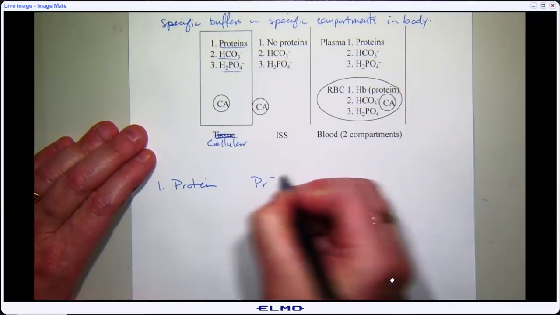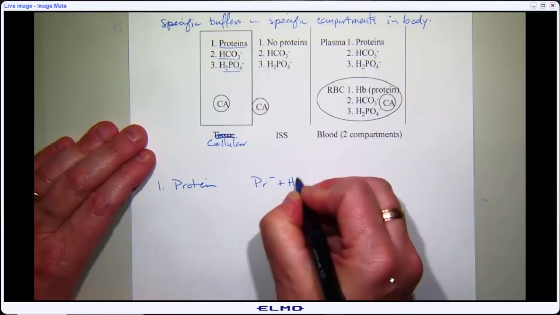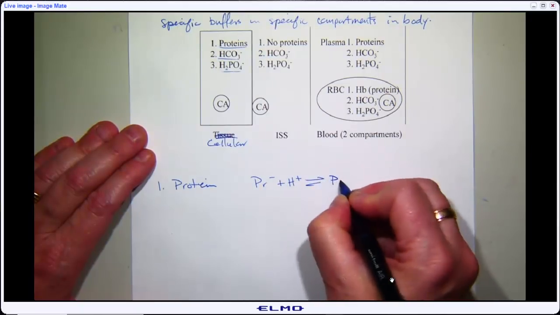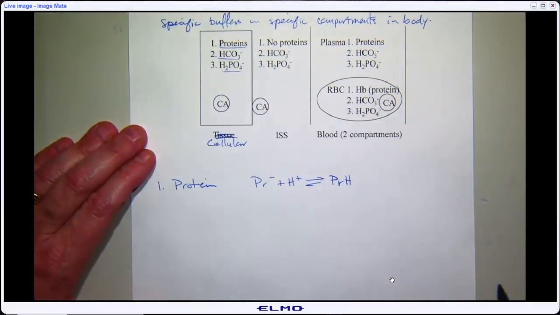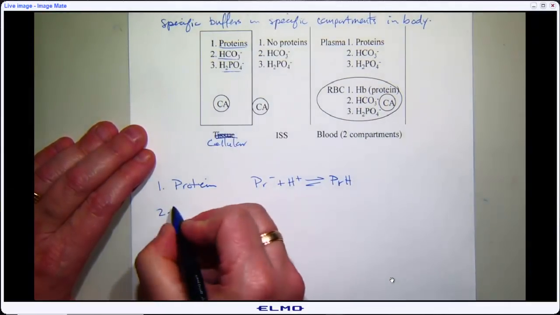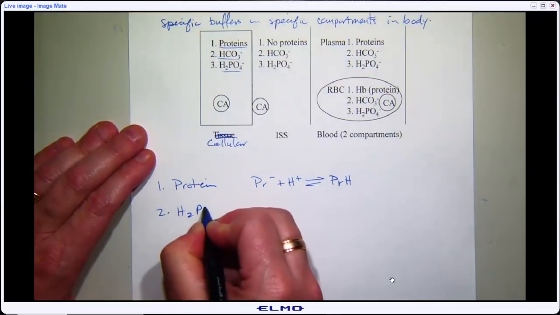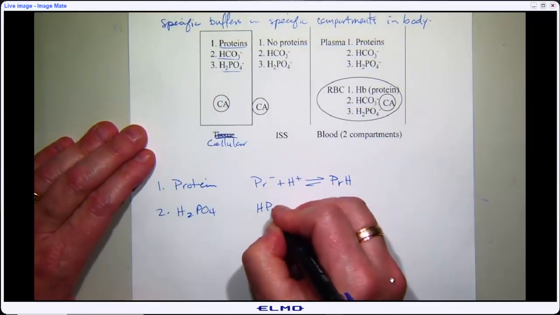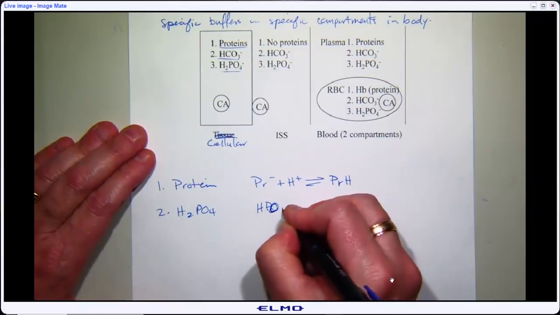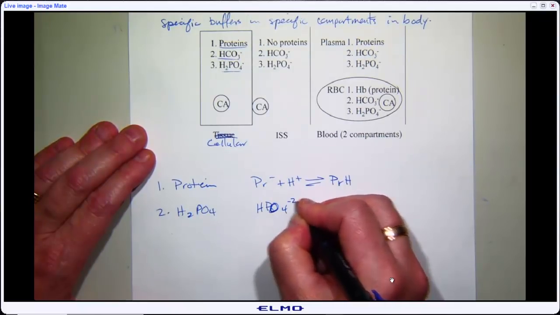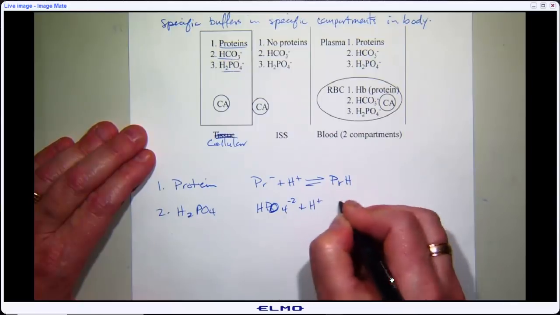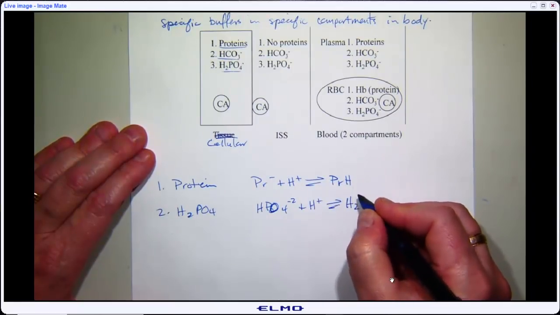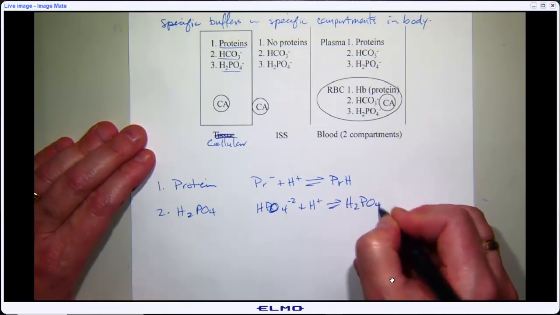Those are all inside the cell, so if we look at these, we just essentially have a set of proteins that can bind our hydrogen ion. Okay, we have phosphate. So we have HPO4, -2. That's it, okay?